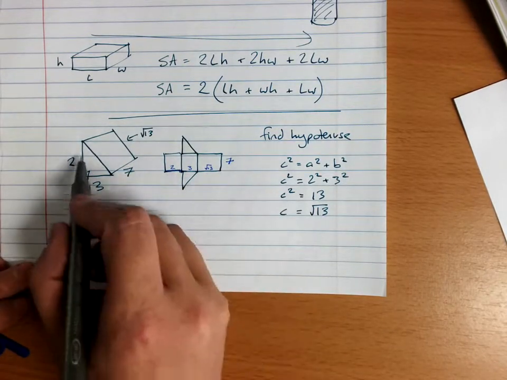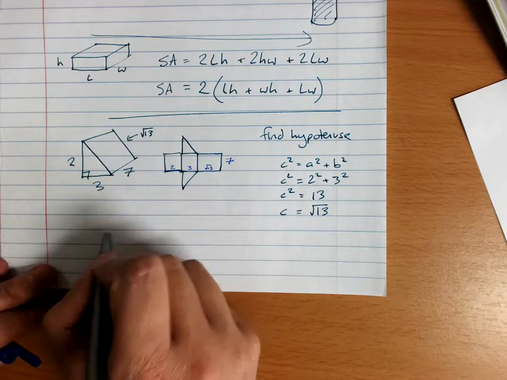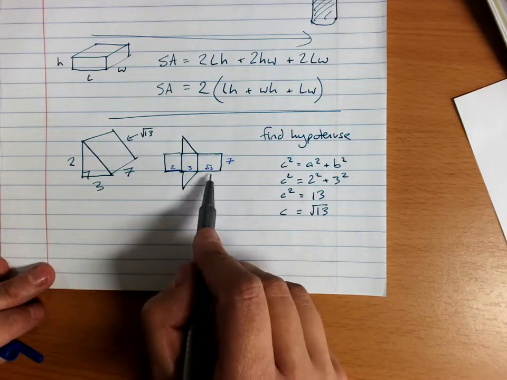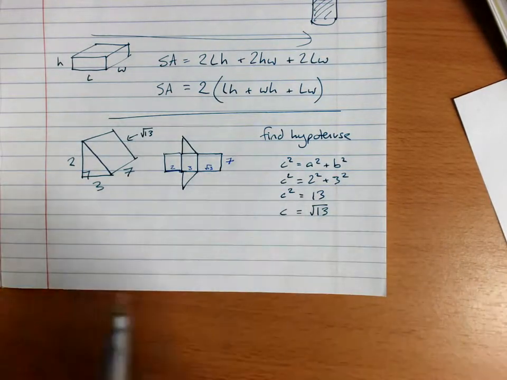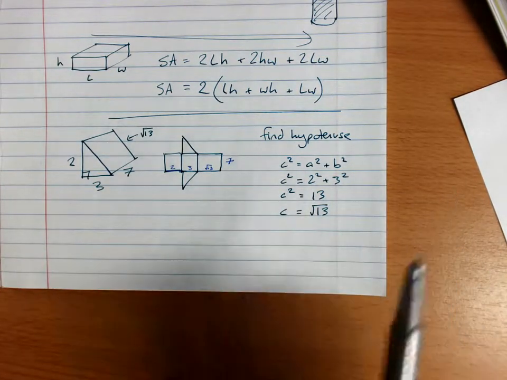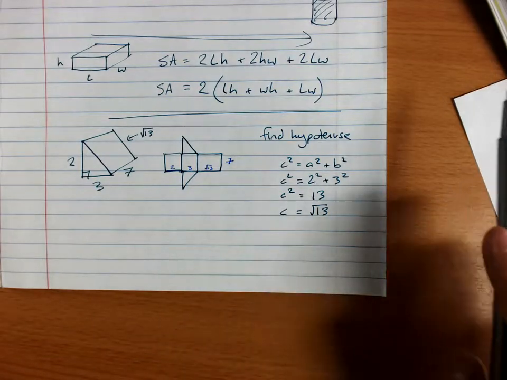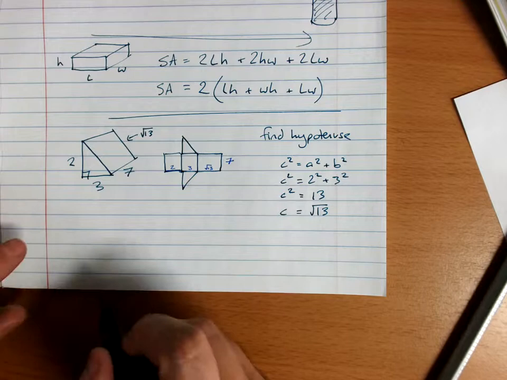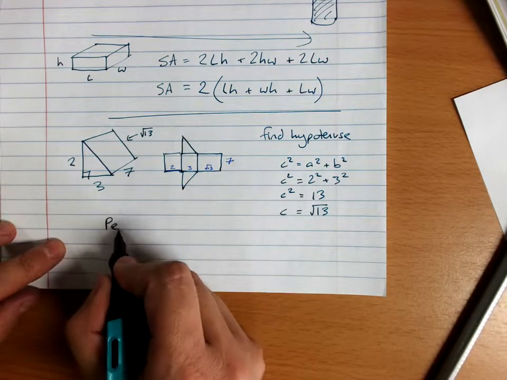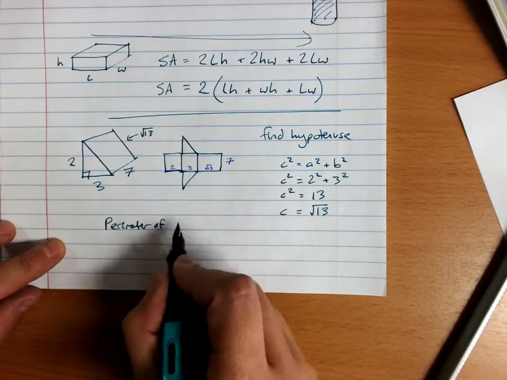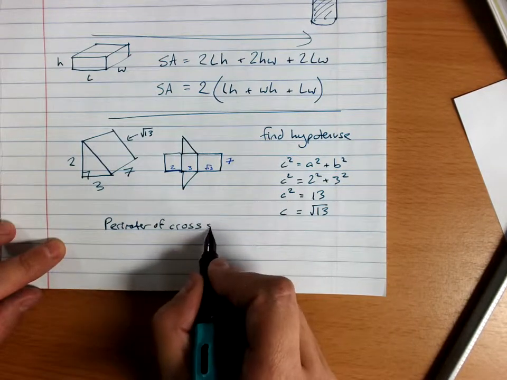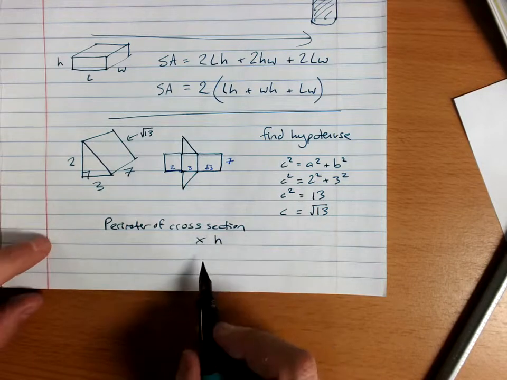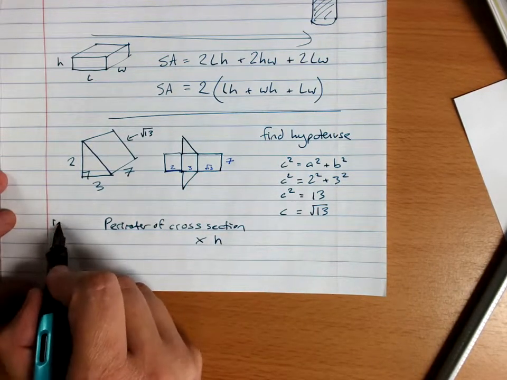Shush. The perimeter of your cross-sectional shape forms the width of the rectangle that wraps around the prism. Any prism, you can find the total surface area by getting the perimeter of the cross-section and multiplying it by the height for that wraparound rectangle.